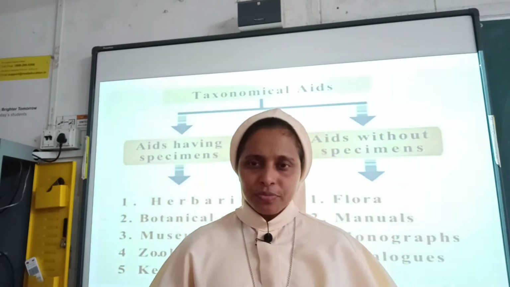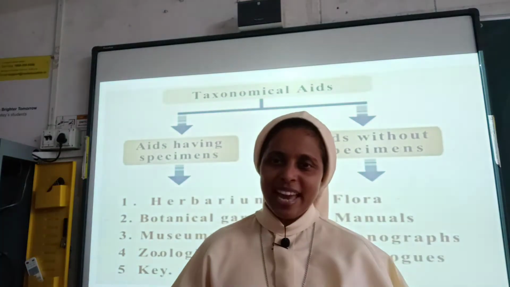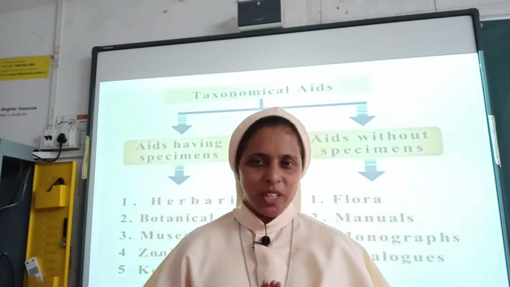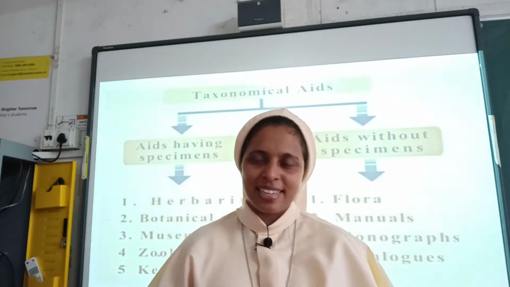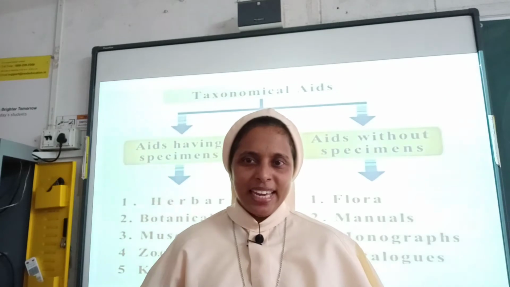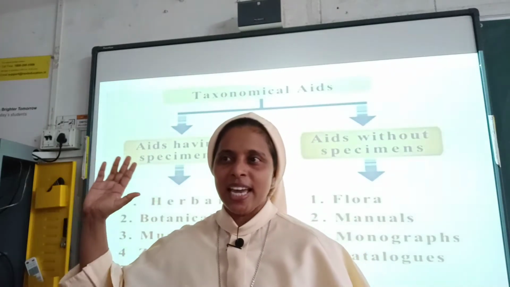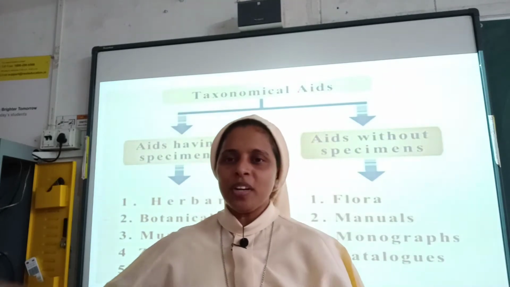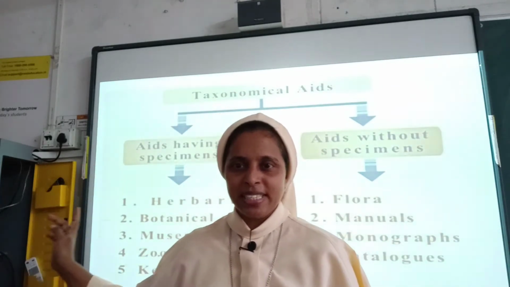And also we have come across some important taxonomical aids. Only two kinds of aids we have come across, isn't it? Once again we will recall them: aids with specimens and aids without specimens. What are the aids having specimens?